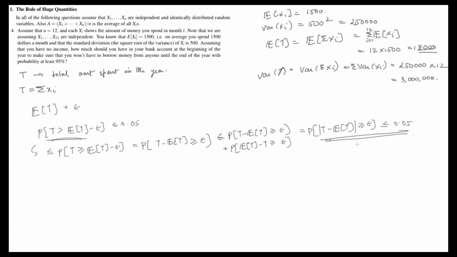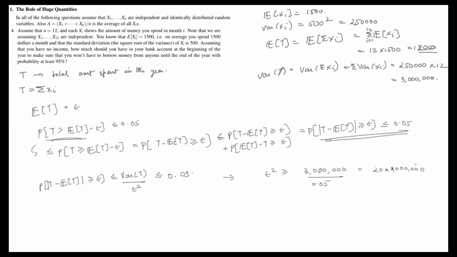Now let's use Chebyshev's inequality to bound this. The probability of t minus expectation of t greater than or equal to epsilon is less than or equal to variance of t divided by epsilon squared, which we want to be less than or equal to 0.05. Since variance of t we calculated to be 3 million, this gives us epsilon squared greater than or equal to 3 million over 0.05, which is equal to 20 times 3 million.